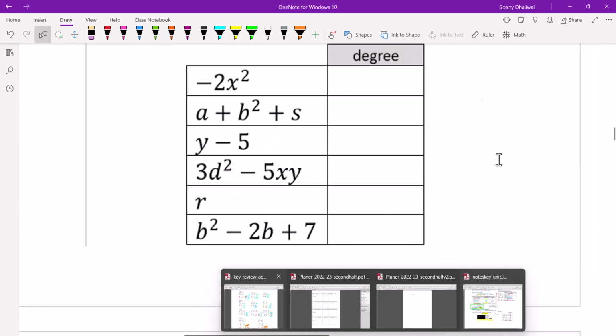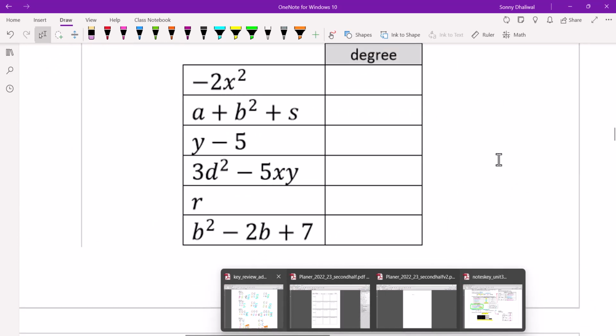Okay, find the degree of the expression. Right? So the first one, how many terms? 1. We did all of these above. What's the degree of this one? 2. The x has the number 2 floating up there, so it's a 2. Okay. How many terms do we see here? We did this above. We said there was 3 terms.